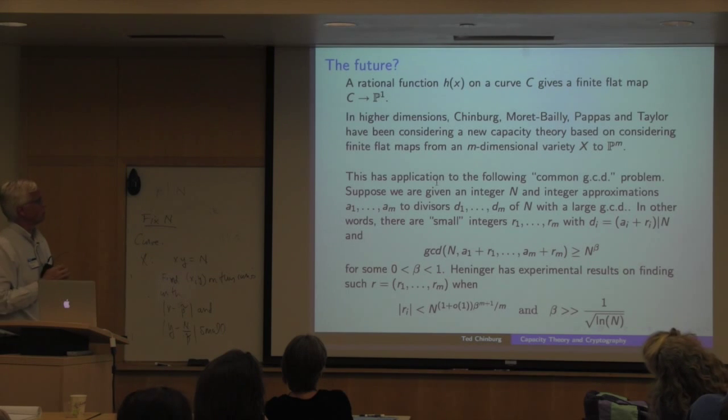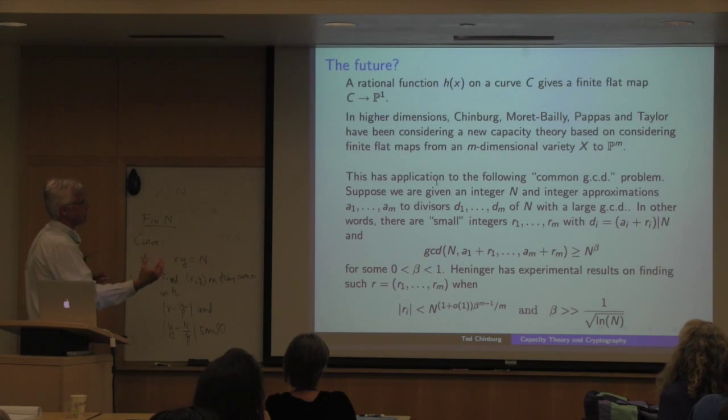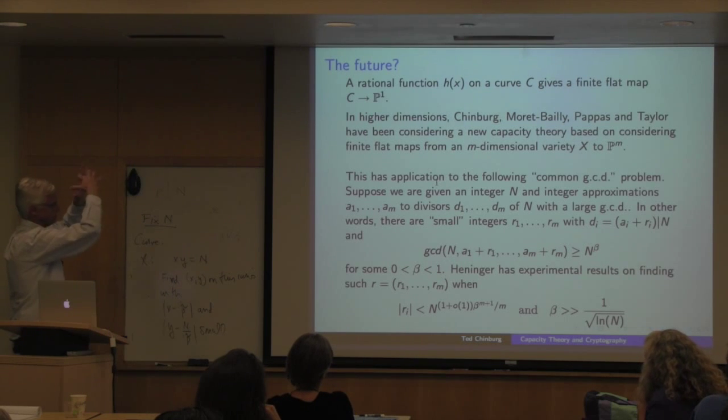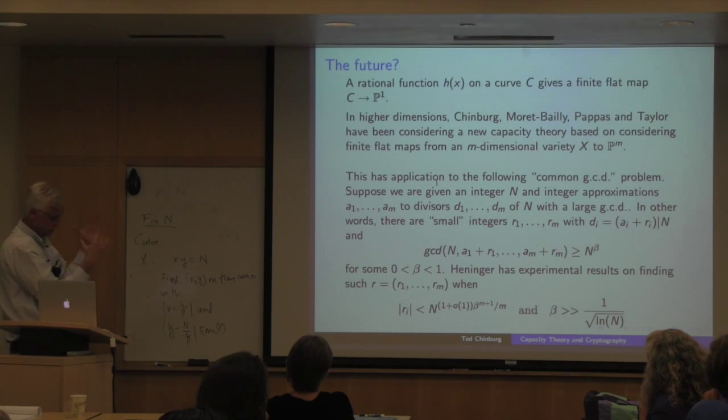Okay, so you'd like to look at finite flat maps from a higher dimensional variety to projective space, which have the property that if you look at this variety and look at its points over Q_v bar, you prescribe a particular set of points there, you want your finite map to crush that down into a small little ball. For almost all places, you need to be able to do that.